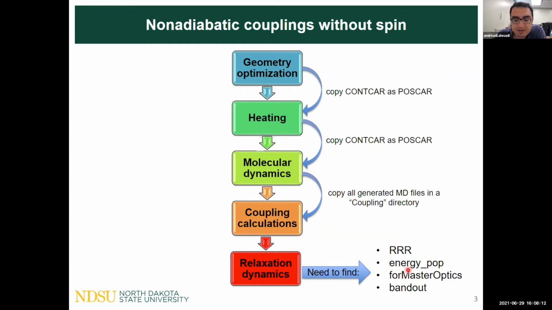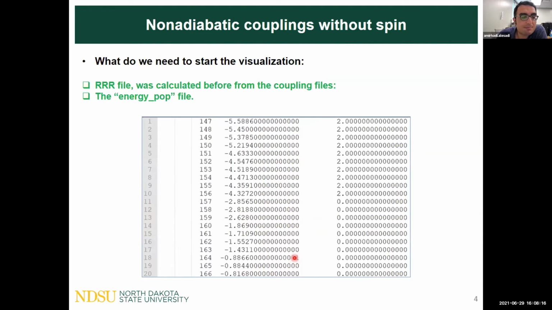From the previous week, we have these two files, RRR and energy pop. For this model, which was just a standalone PCBM model, I just chose 20 orbitals near the band gap. Maybe it's not enough, but just for simplicity, 20 orbitals near the band gap.